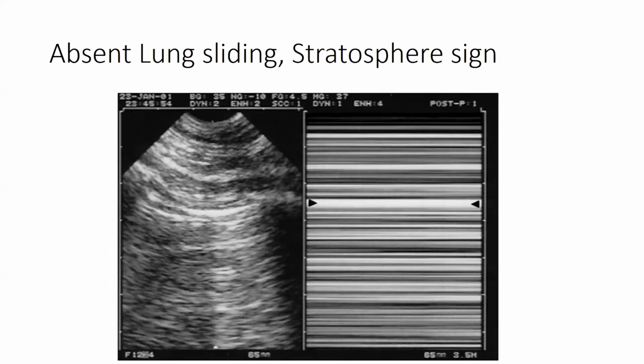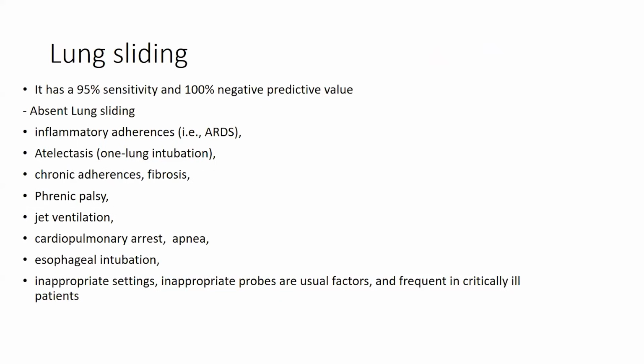In that case, you will not see the sliding sign present here. And when you put this in M mode, the seashore is absent and the entire area which is not moving is replaced with a barcode kind of picture, also known as the stratosphere sign. This kind of picture is seen in many conditions. One of the common conditions that we see it in is pneumothorax.